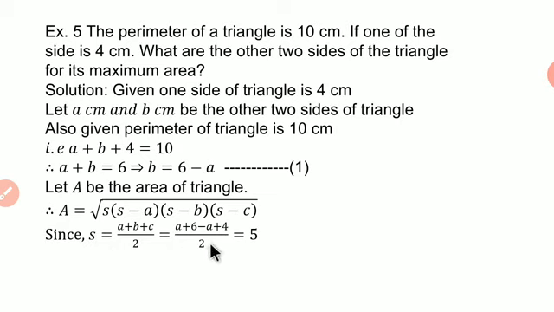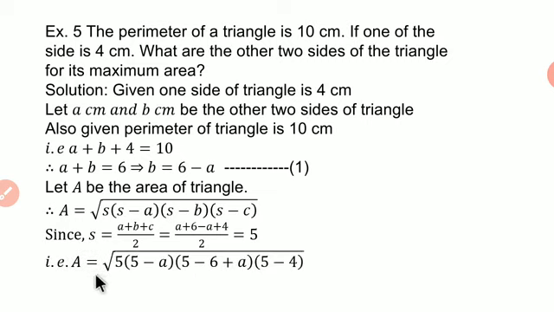So substitute these known values in this A. Here we get A is equal to the square root of 5 multiplied by (5 minus a) into (5 minus b), which means 6 minus a. Because of that minus sign, the sign gets changed. So 5 minus 6 plus a, multiplied by (5 minus 4).